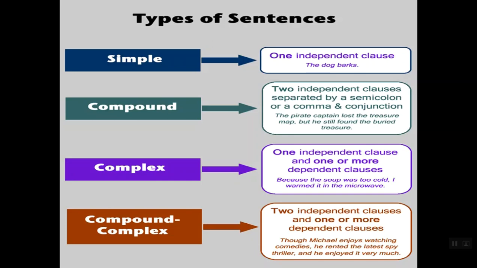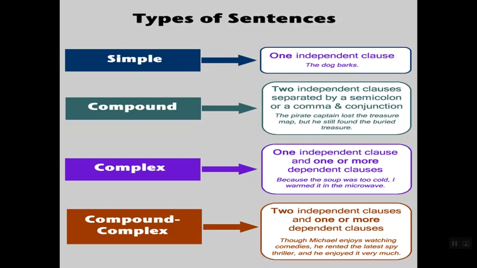Okay, the second kind is compound. What is the meaning of compound? When the word compound comes to your ears, you have to know that compound means two parts of something. As for grammar, a compound sentence means how many sentences?